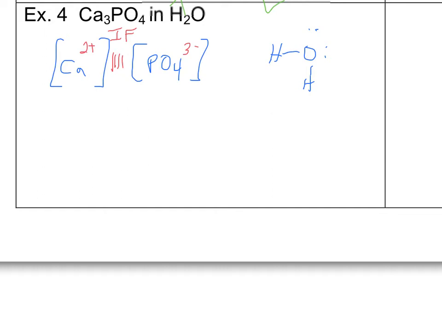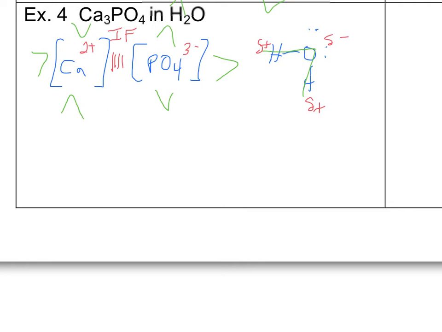I'll again represent water molecules with green boomerangs, with a slightly negative oxygen and 2 slightly positive hydrogens. Around the calcium, the oxygens of the water will be attracted using ion dipole forces. And around the phosphate, the hydrogens will become attracted.